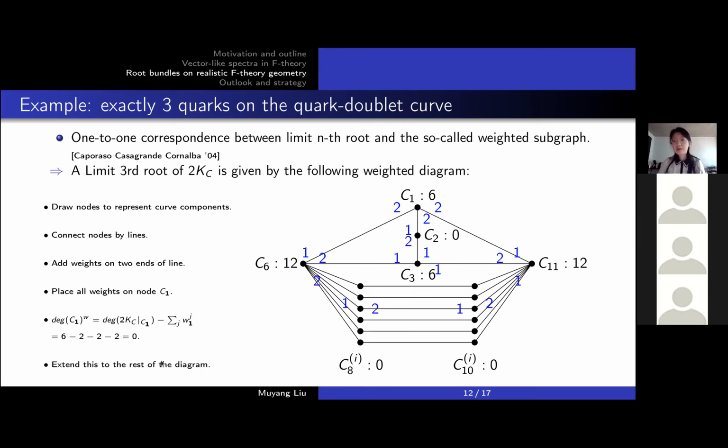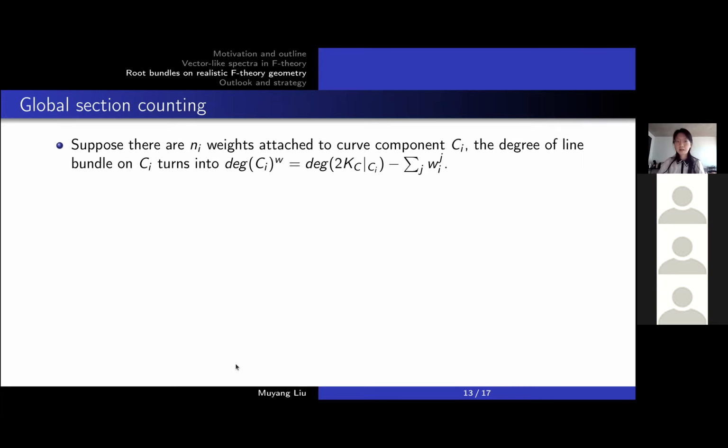Then I repeat the procedure above to place the rest of the weights on all curve components, and I also check whether the 2 previously mentioned rules are obeyed or not. If they are not obeyed, then you have not found a mathematically allowed diagram. Suppose there are ni weights attached to each curve component Ci.